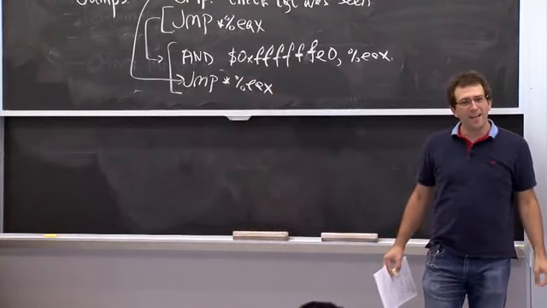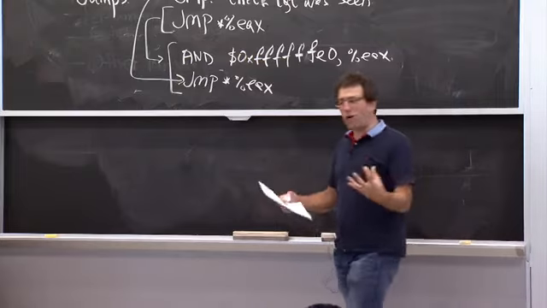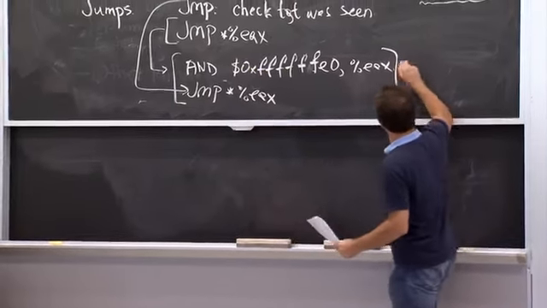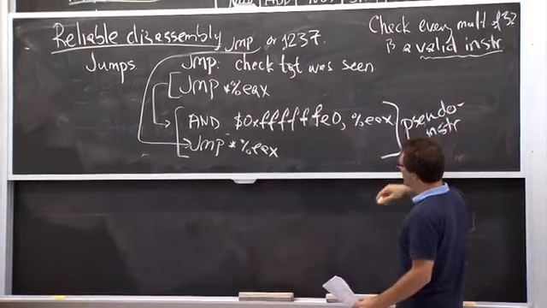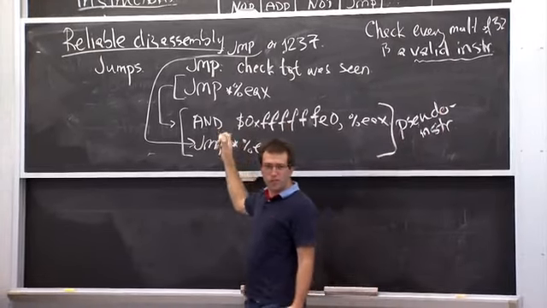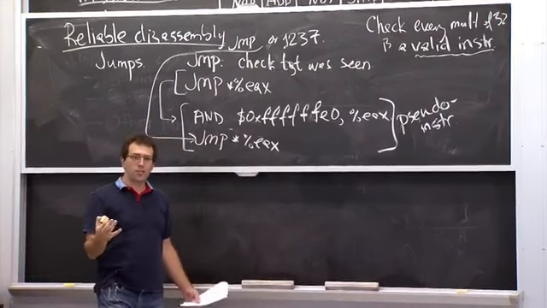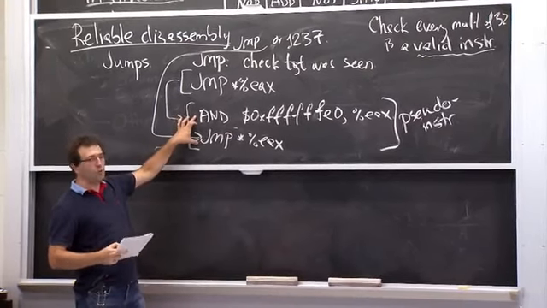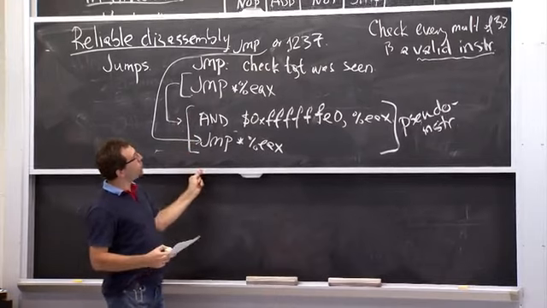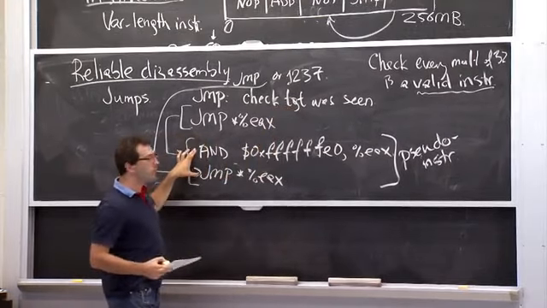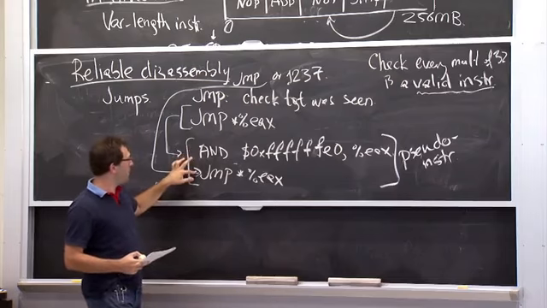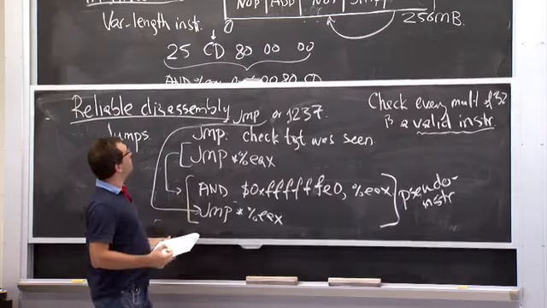Well, the NaCl validator should treat the AND and the jump as a single instruction. Yeah, so this is why they call this thing a single pseudo instruction. Even though at the x86 level they're actually distinct instructions, as far as the NaCl validator thinks of it, it's a single atomic unit. So as far as the check for whether it's an instruction that you saw before, they think, oh, this is the only instruction that I saw before. Jumping in the middle is like jumping in the middle of this guy.